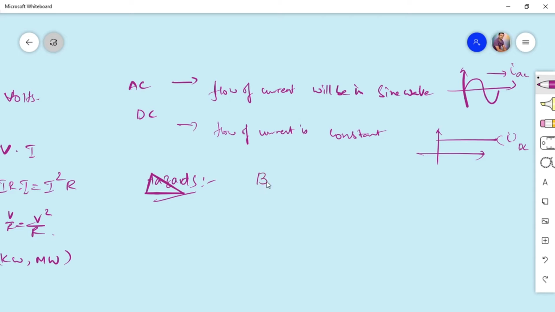Remember this particular short form: BE SAFE. These are the hazards of electricity. How is BE SAFE the hazards of electricity?